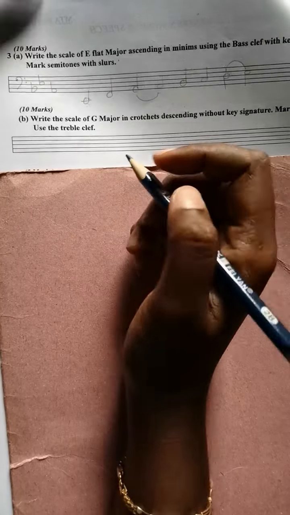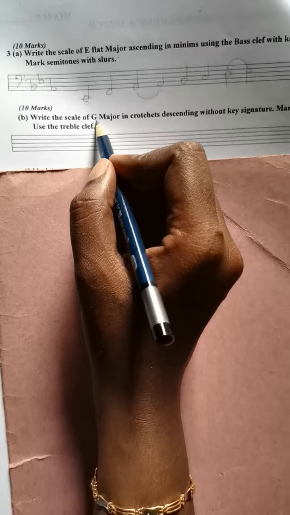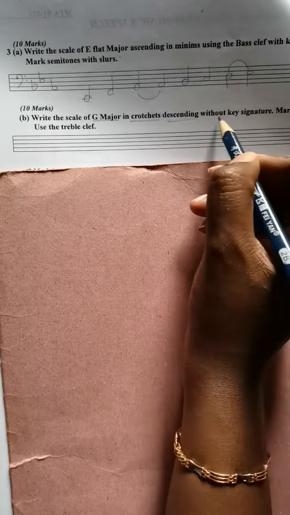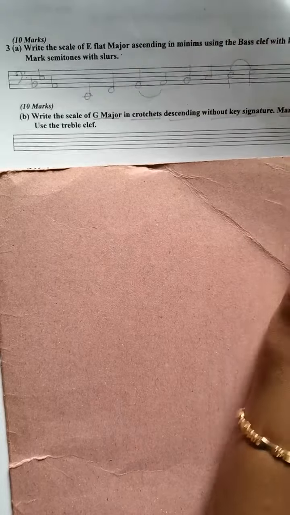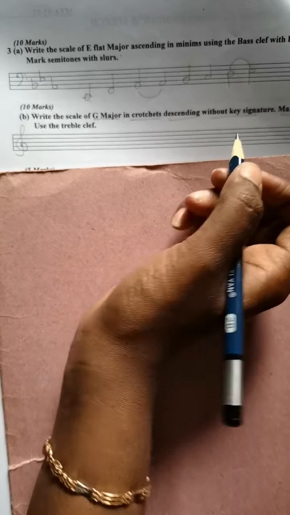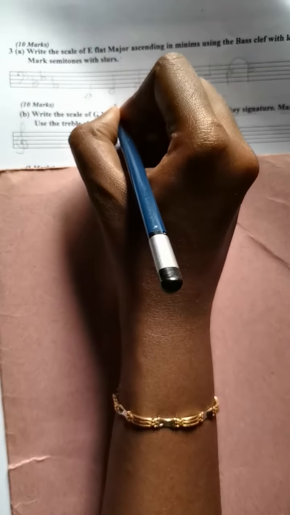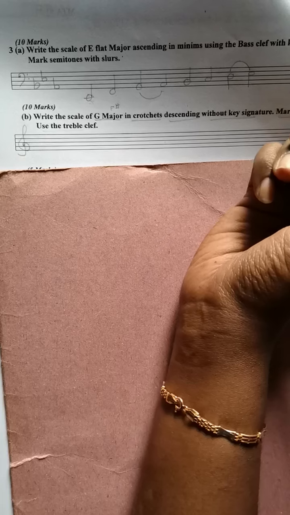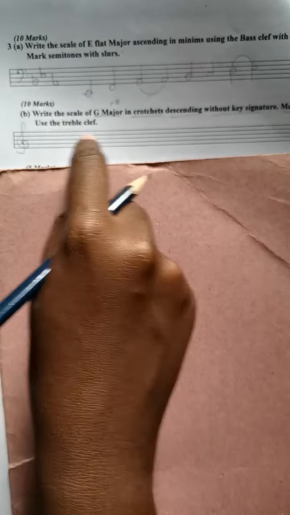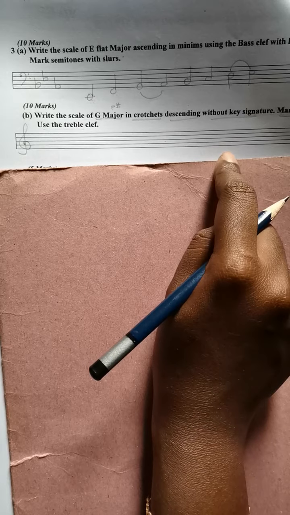Next, let's take a look at another question. Write the G major scale in crotchets, descending without key signature, mark semitones with slurs, use the treble clef. Right. Draw the proper treble clef. Thereafter, G major scale. G major has only one sharp, that is F sharp. Descending scale in crotchets. So you know descending means you have to start at a higher position and come down to a lower position.